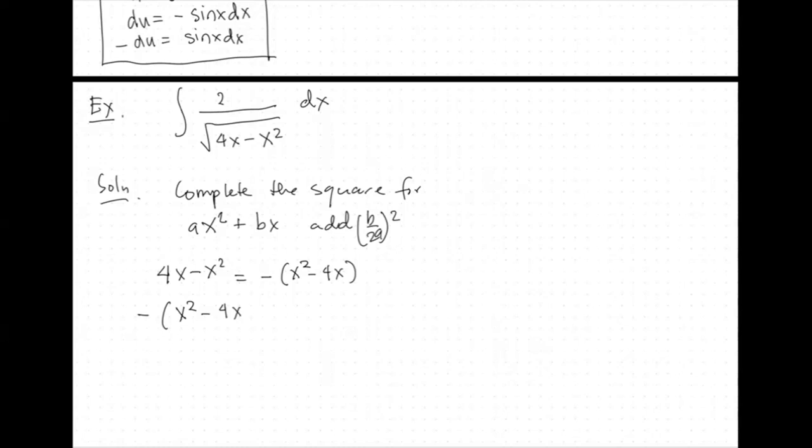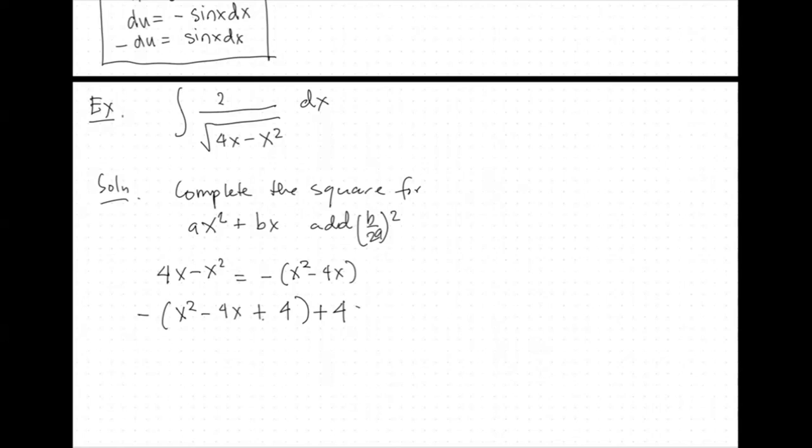So here we get 4 over 2, which is 2. Here we get 4 over 2 squared, so we have plus 4. Since you have added 4 inside, actually you have subtracted 4 because of the negative sign, so you have to add 4 to negate what you have done.